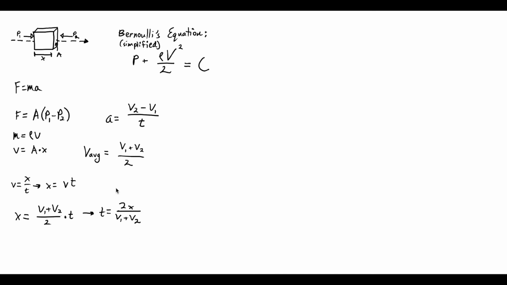Now we plug this equation for time into our original equation for acceleration. To simplify it, we'll take the main numerator and denominator and multiply each by v1 plus v2.